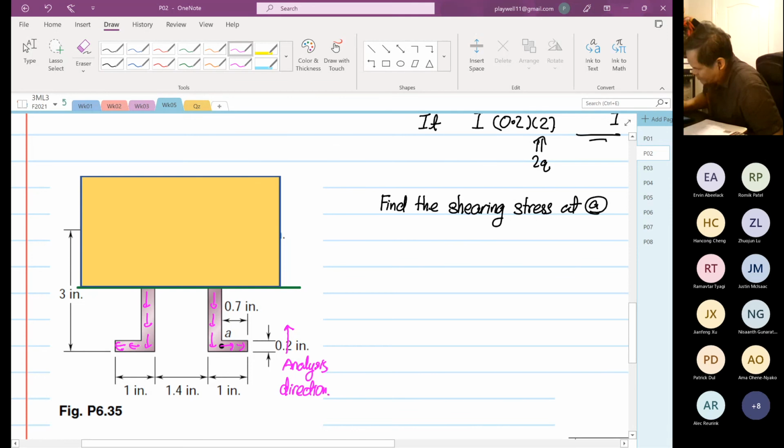If you follow the arrow, based on the analysis direction, this is the only area that you have to consider, because of where A is.